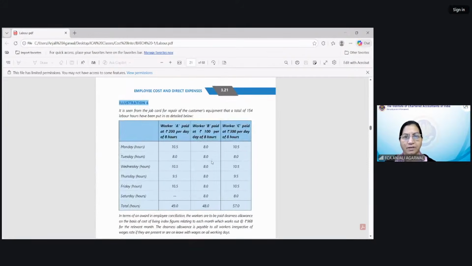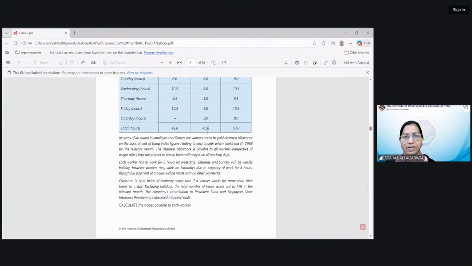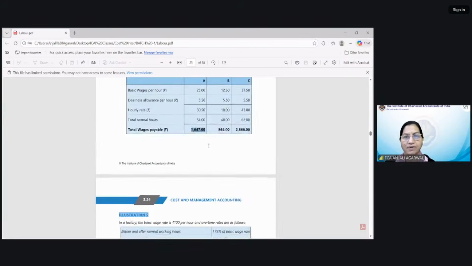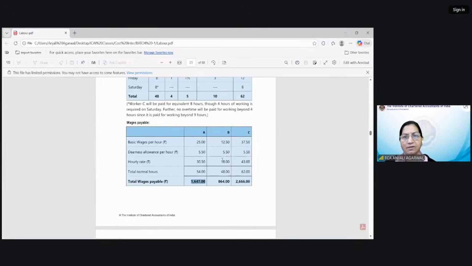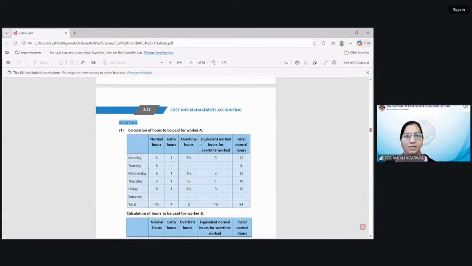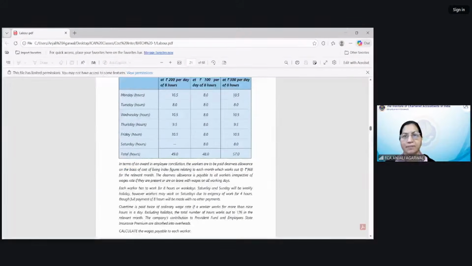If you look at B, there is no overtime at all. So he will be paid 48 hours at the normal rate. 12.5 plus 5.5, 18 into 48. And similarly for worker C, you can see 1.5 hours would be overtime, no overtime, 0.5 hours, 1.5 hours.